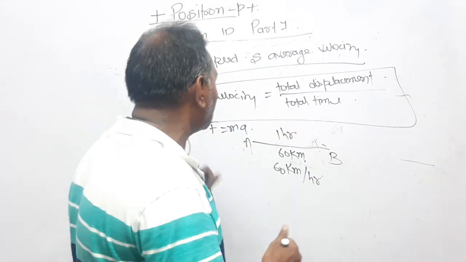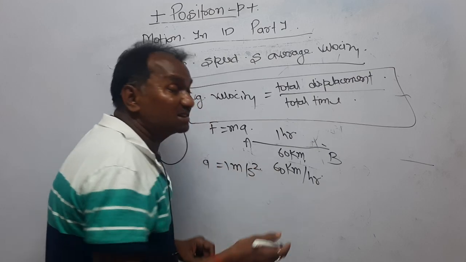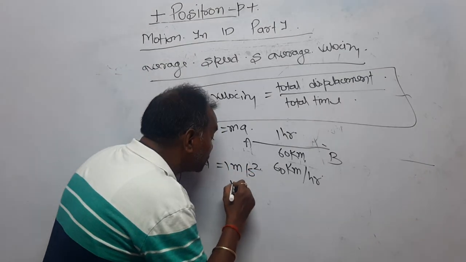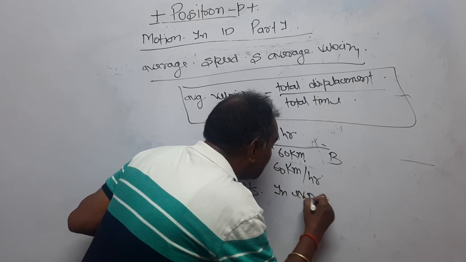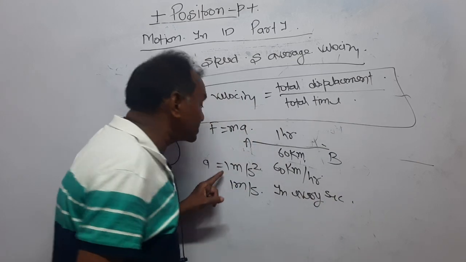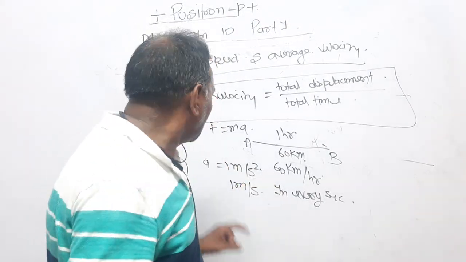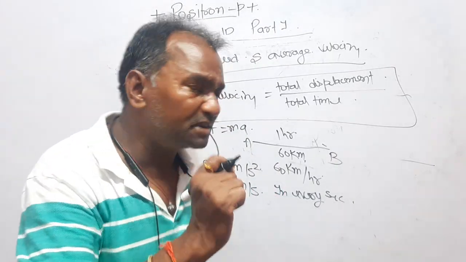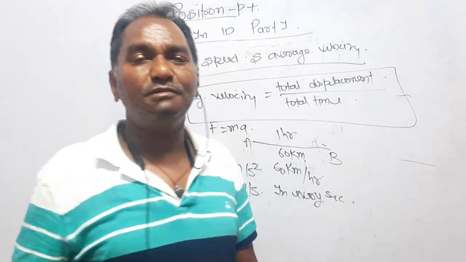If you apply a constant acceleration of 1 meter per second squared, it means your velocity is changing by 1 meter per second in every second. Velocity is increasing by 1 meter per second.